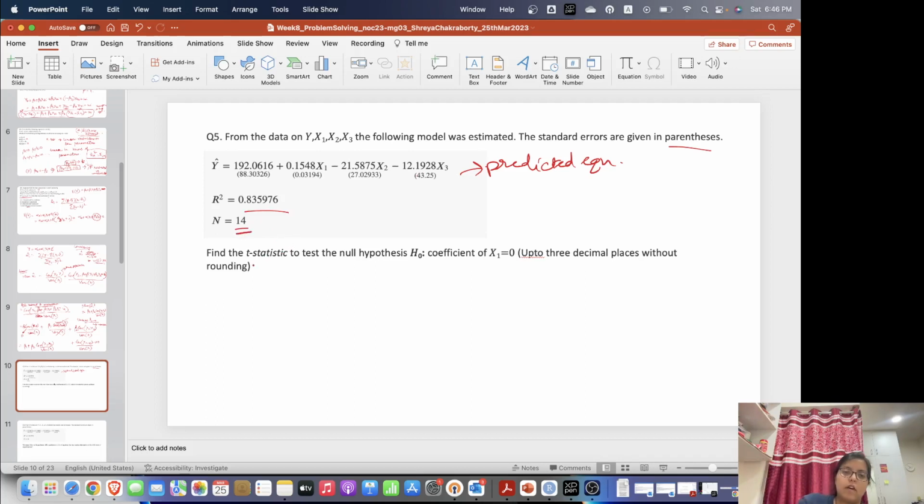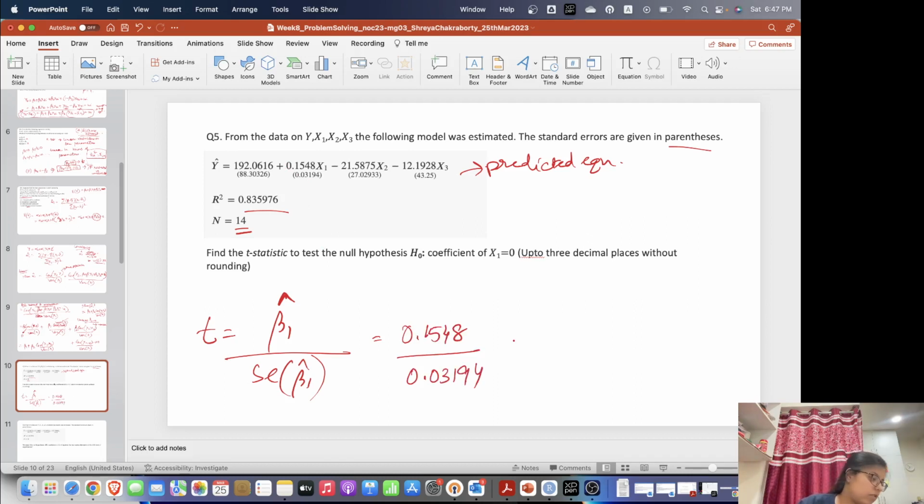If we have to find the t statistic to test the null hypothesis that the coefficient of x1 is 0, the t stat would be beta 1 hat divided by the standard error of beta 1 hat. So this will be 0.1548 divided by 0.03194.